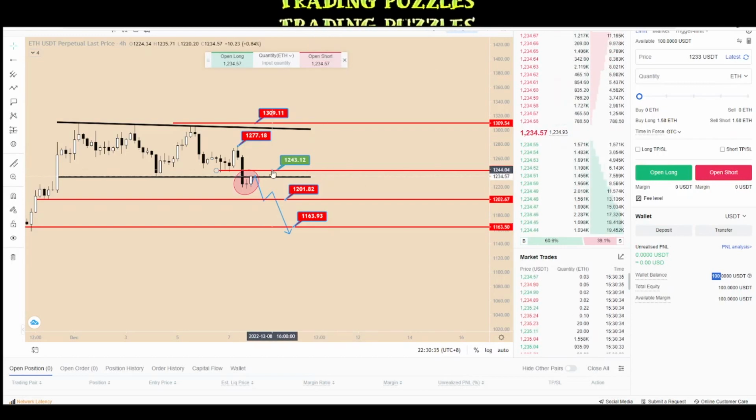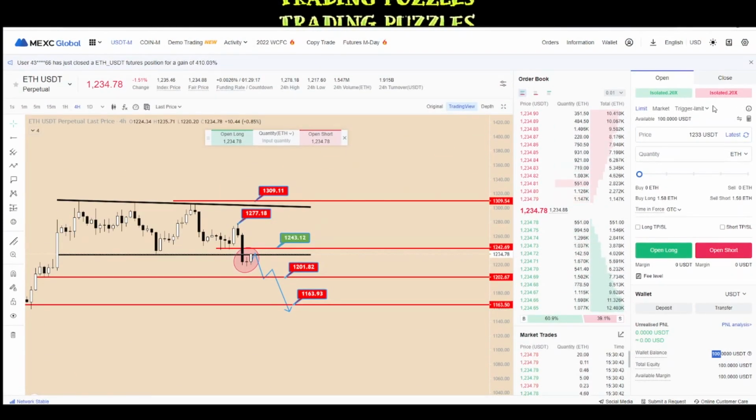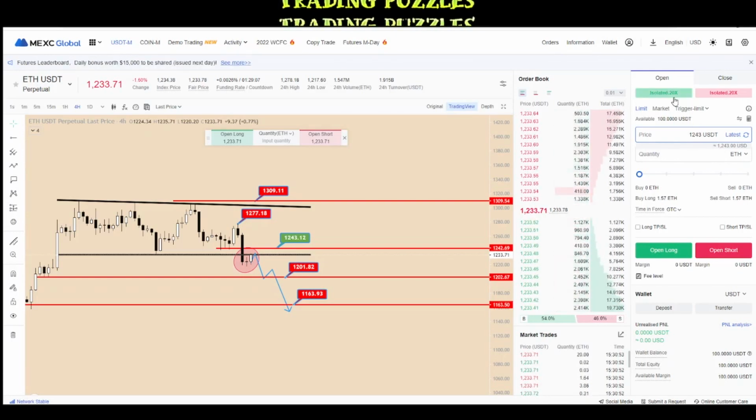And I'm going to place my stop loss, my selling order at 1243. So let's go on the other side of the chart. I'm going to change the price here, 1243. We have the margin that we may use.